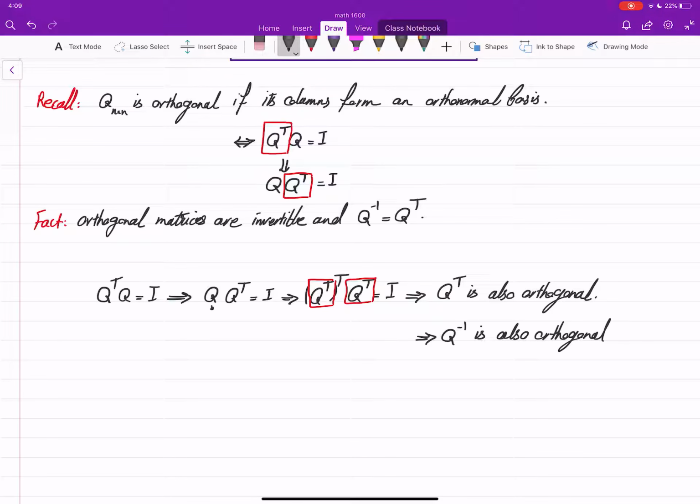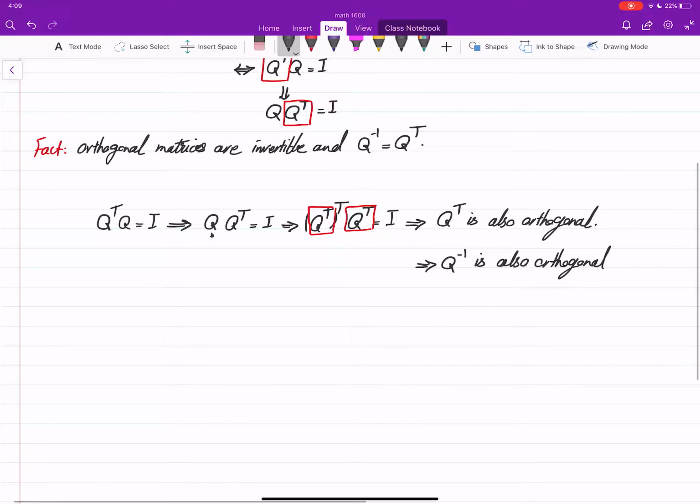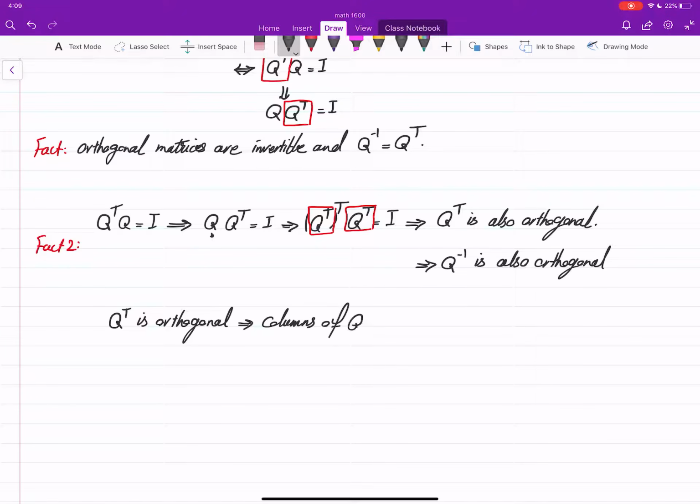Okay. And from that, this is an interesting fact. So now let me write this one as fact 2: if Q is orthogonal, then Q transpose and its inverse also are orthogonal. And we know that Q transpose being orthogonal means that the columns of Q transpose form an orthonormal basis.